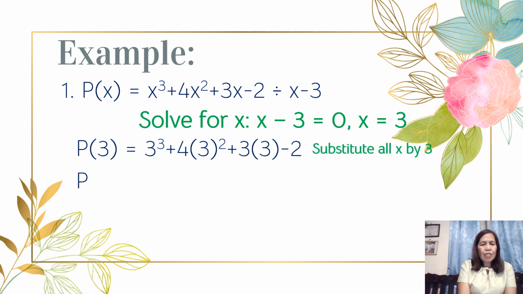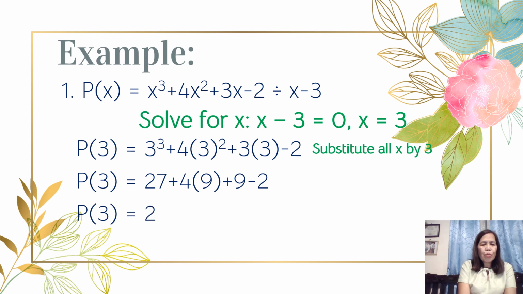So, P of 3 is equal to 3 times 3 times 3 is 27 plus 4 times 3 times 3 is 9 plus 3 times 3 is 9 minus 2. Simplify pa, P of 3 is equal to 27 plus 4 times 9 is 36 plus 9 minus 2.